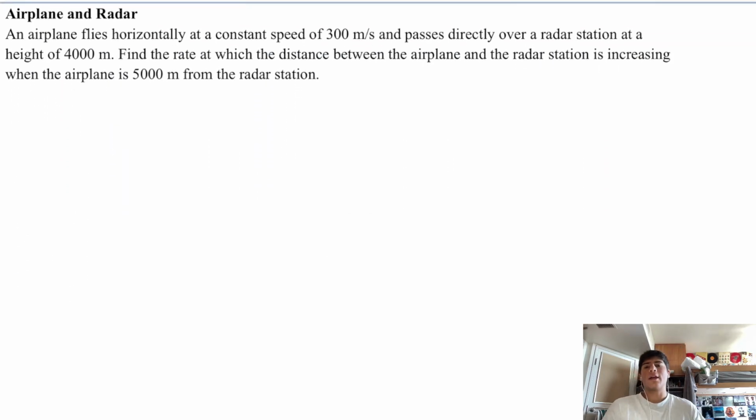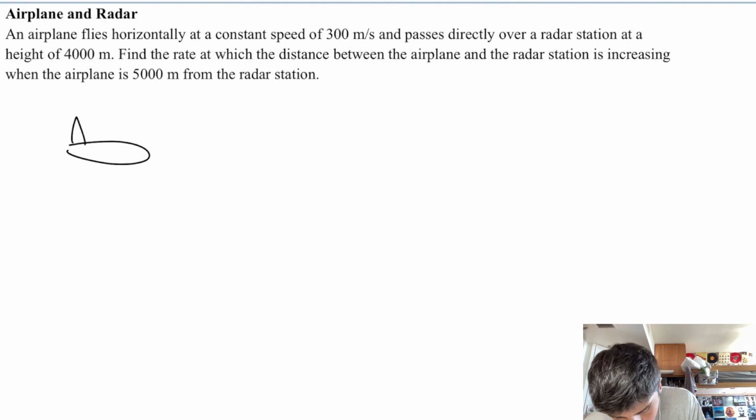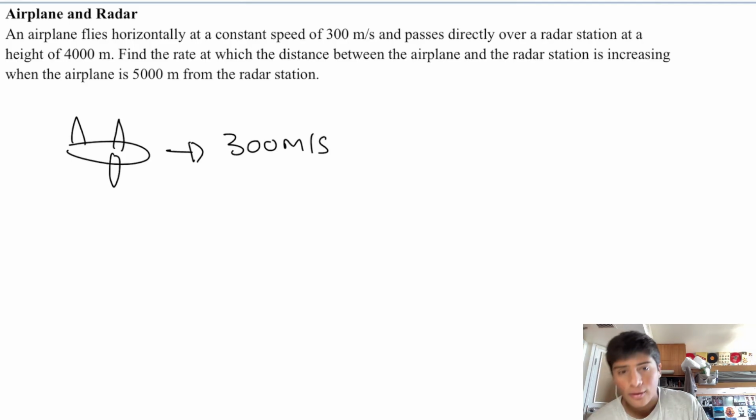Airplane and radar. An airplane flies horizontally at a constant speed of 300 meters per second. Let's draw this out. 300 meters per second. Oh, that's pretty fast. It passes directly over a radar station at a height of 4,000 meters.